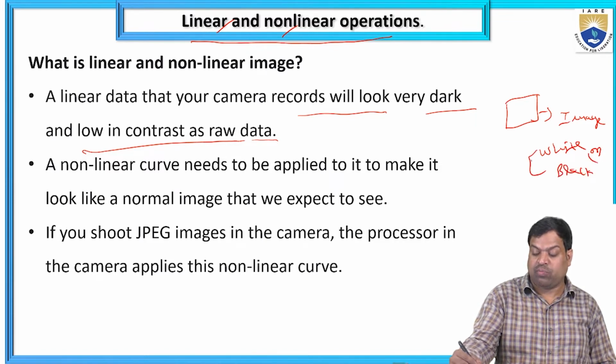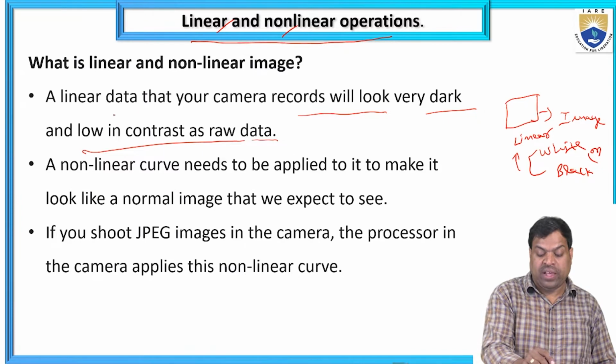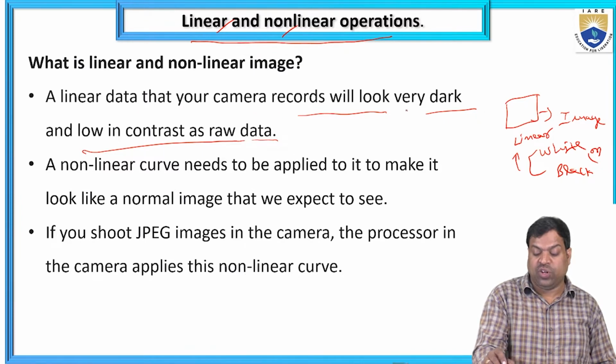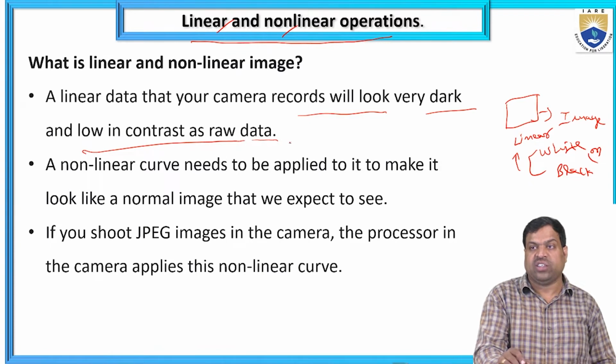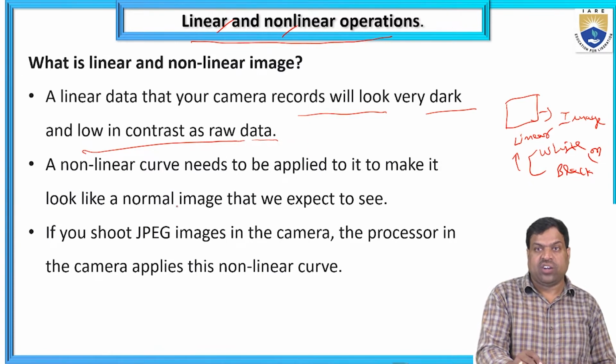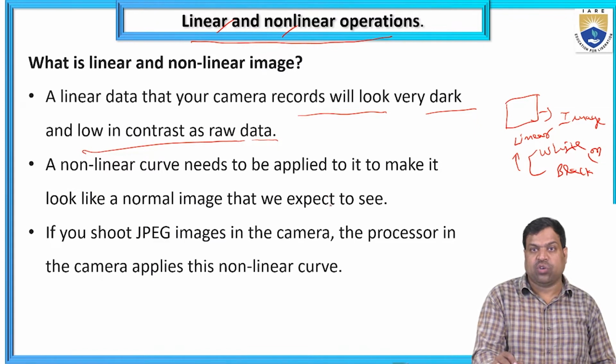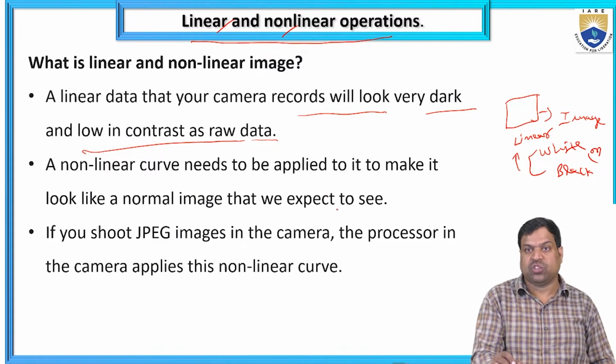If it is in the form of black or white, that is linear. A non-linear curve needs to be applied to make it look like a normal image that we expect to see.